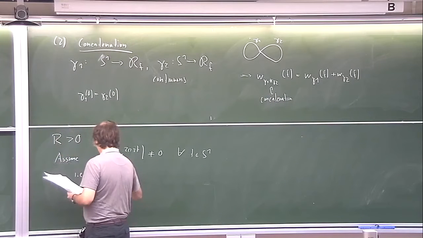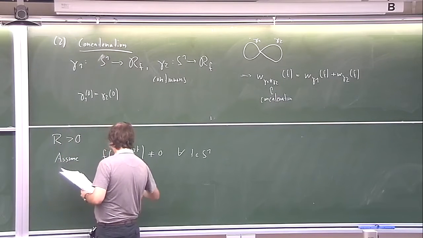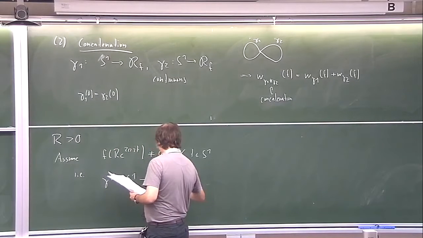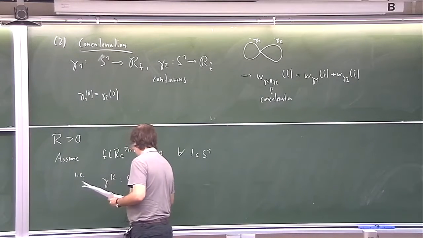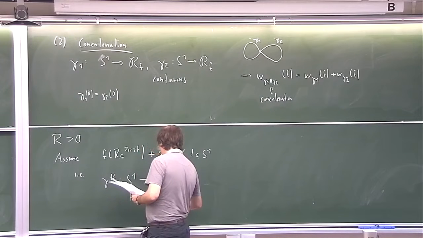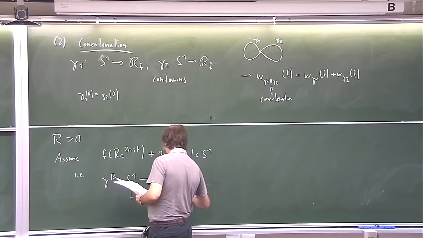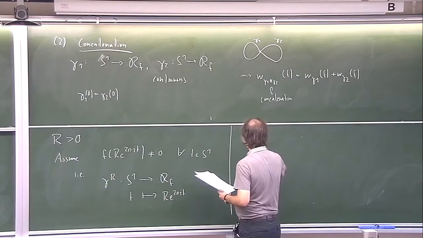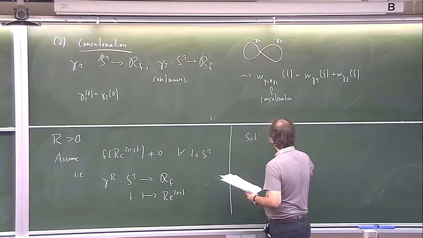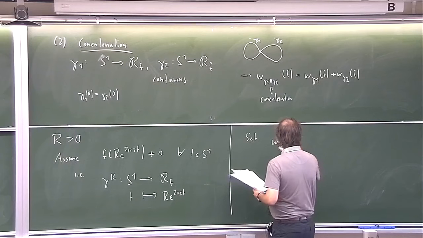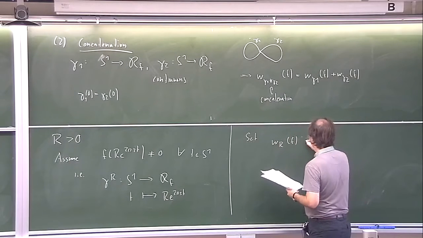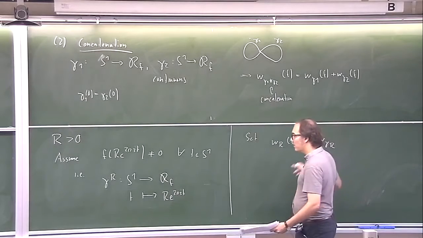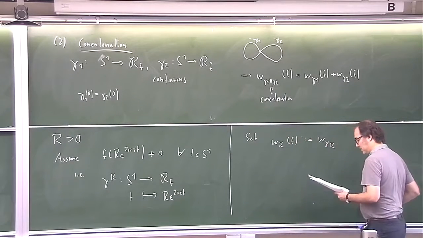Then gamma R from S1 to the regular set of f, t goes to r e to the 2 pi i t, is a map into the regular set. And as I said, the winding number R of f is the winding number along this big circle.